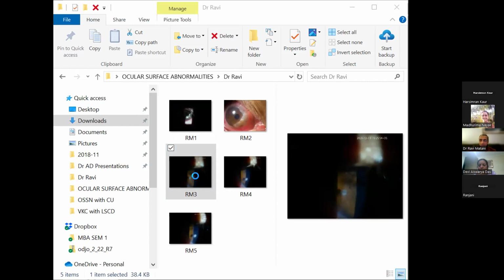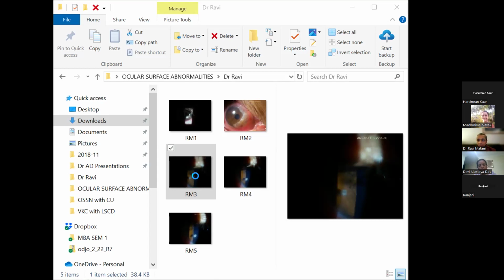And in this case, he has come to me 25 days after the injury. But in the earlier patient, there was a little infiltrate, but at the endothelium, you could see a blob, a raised, elevated infiltrate protruding into the AC.